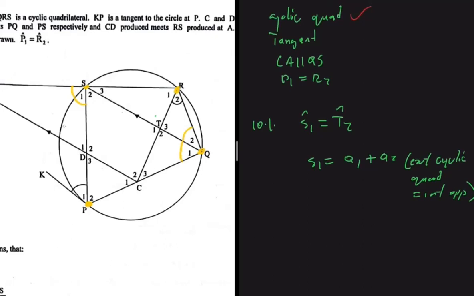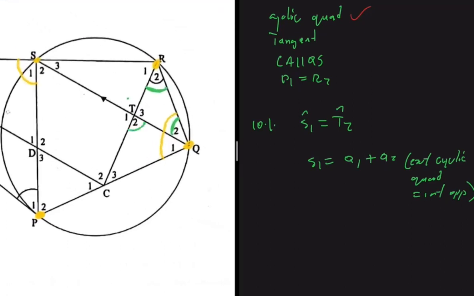Now let's look at T2, right? Because we're supposed to prove that S1 is equal to T2. S1 has no immediate connection with T2, right? So let's try other ways here. When I look at T2, I realize very quickly that T2 should be equal to R2 plus Q2, right? An exterior angle of a triangle is equal to the sum of the two interior opposite angles, right?